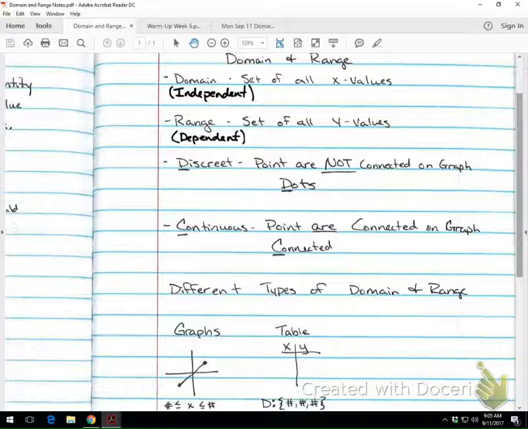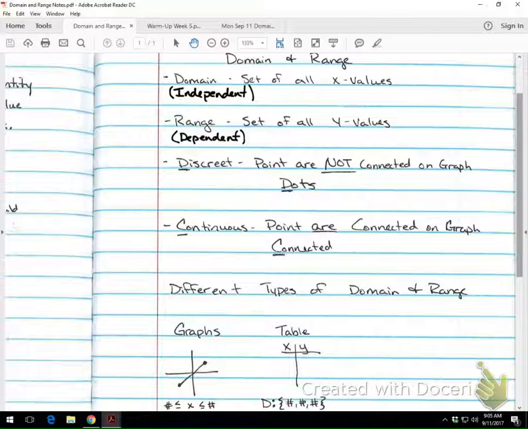Now, sometimes you get a word problem, and then I say, okay, is it discrete or continuous? And you have to sit there and really think about it because you don't have anything to look at to tell you. Okay, so think of it like this. Discrete is a dot, so it's a set number. The way you look at it is you think of it, there is no in between.